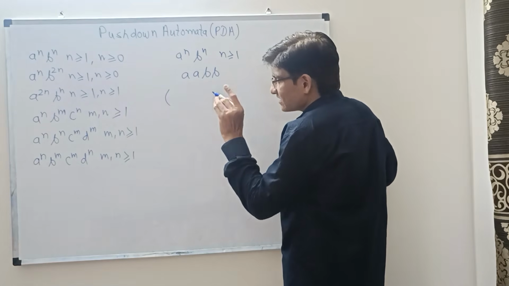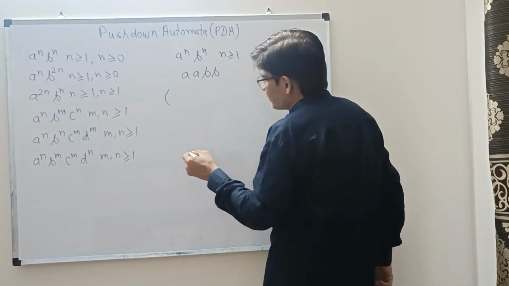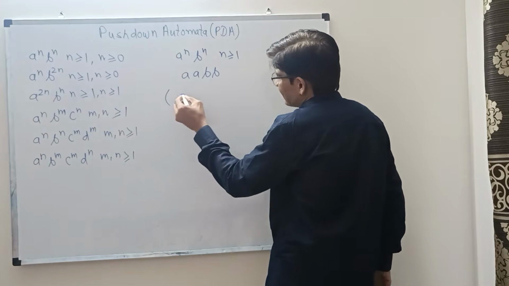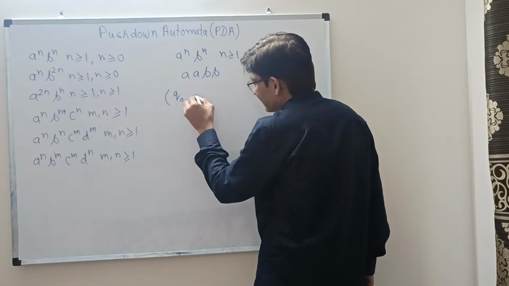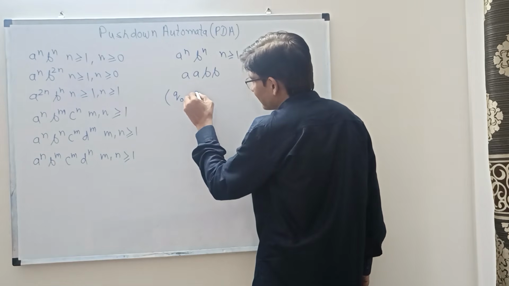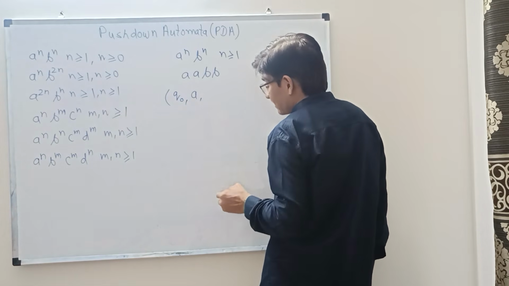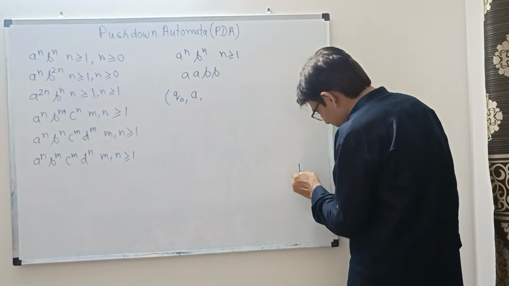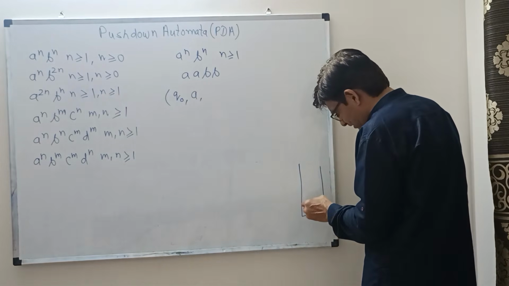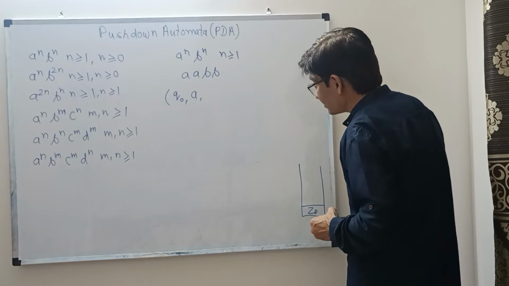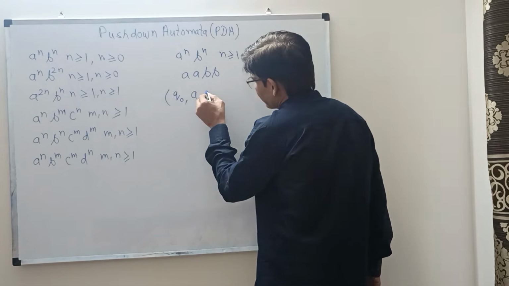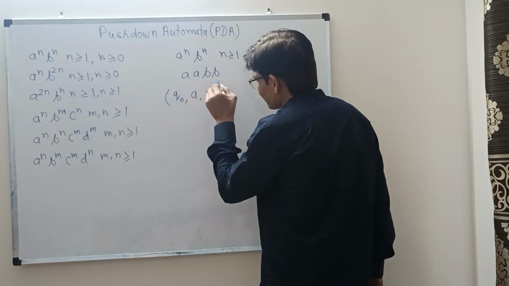So I can take some example here. Suppose the initial state of the PDA is Q0. So I am on Q0 and I am reading a here, and the initial stack top, as I am creating a stack here, is Z0. So I can write it as Z0.